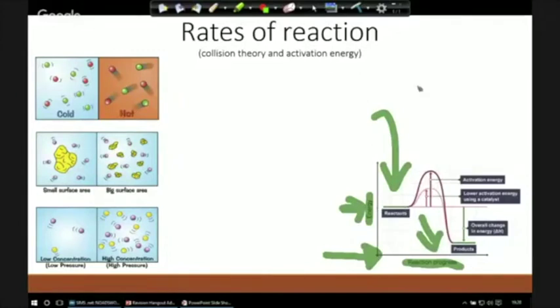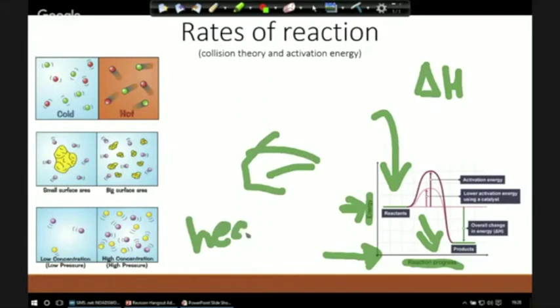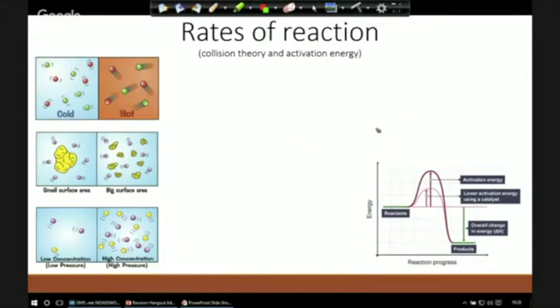In other words, our delta H has changed. We've given out heat. Heat in the form of energy has escaped to the outside world. And so if it's given out heat, this would be exothermic. The contrary to that would be an endothermic reaction.